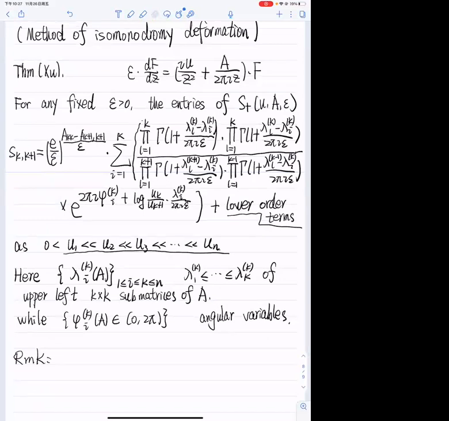I don't know if it appears in Jeremy or Anton's talk, but you simply take your Hermitian matrix A. There is a systematic way to diagonalize its first K by K submatrix.